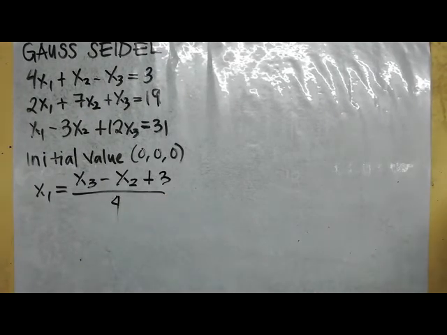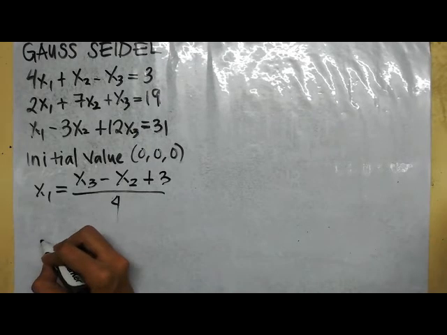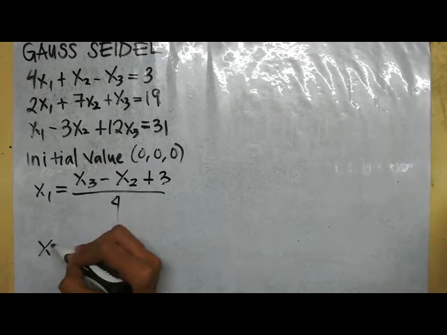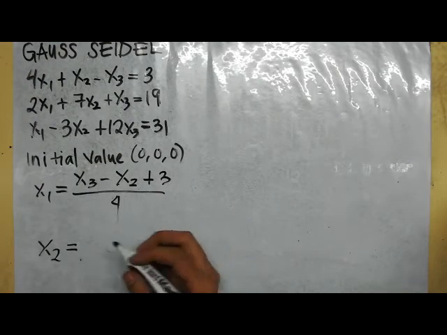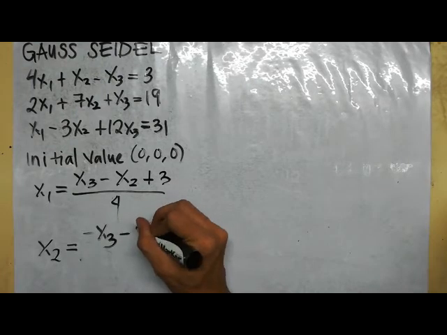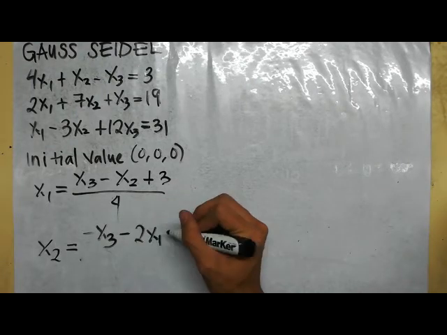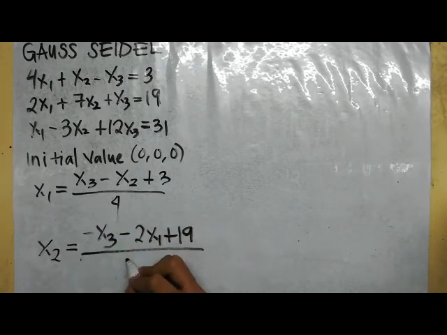Next, we need to find the equation for x sub 2 from this equation. x sub 2 equals negative x sub 3 minus 2x sub 1 plus 19 over 7.